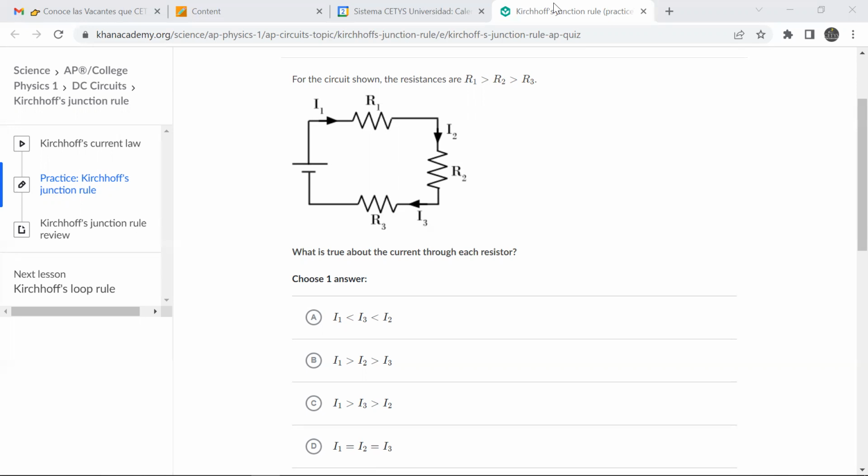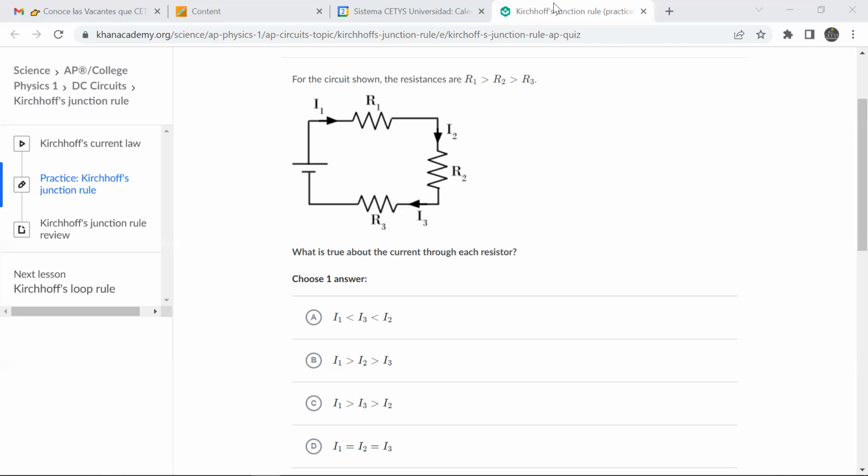In series, correct. And there are three currents marked in each resistor: I1, I2, and I3. They're giving us four options, and they're asking us, what can we say about those currents?